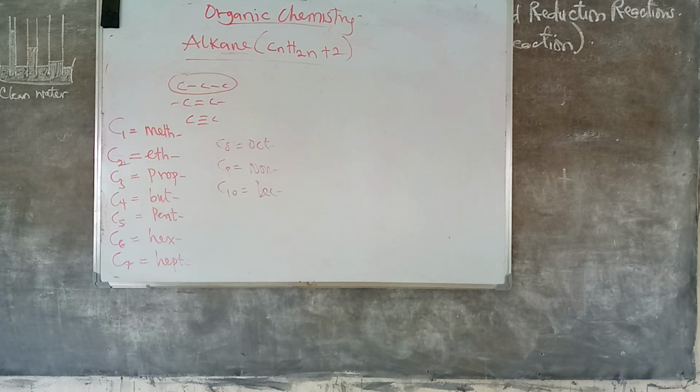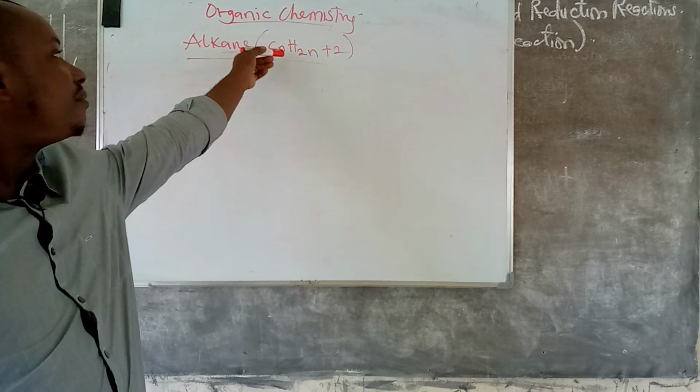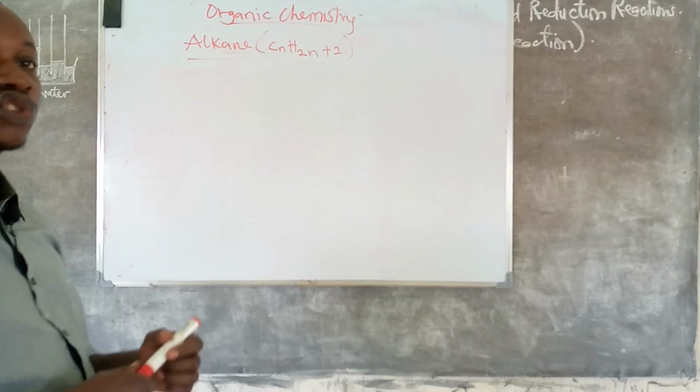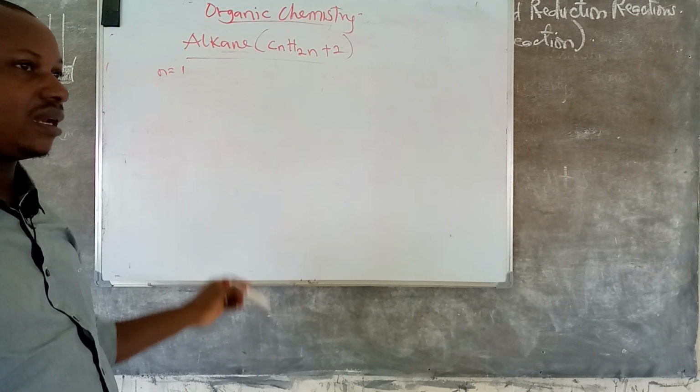Now let us derive the members of the alkane homologous series and possibly put up their structures so that you see how it looks. If we want to get the first member, remember that all the members will be derived using the same formula. We are going to put n equal to 1.